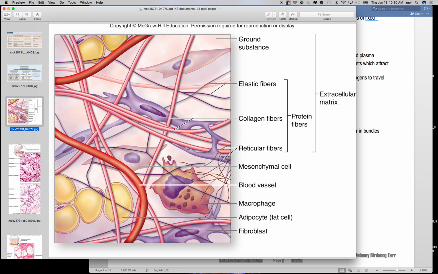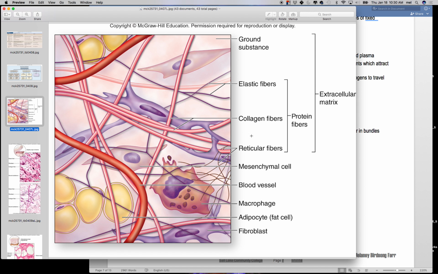Don't ever, ever, ever let color be the only thing that you use. You can use it as a secondary confirmation, but never use it as the first thing, okay? And then elastic fibers here are much thinner, and they quite often will branch if you follow them enough. And then reticular fibers are right here. They're so thin that you hardly ever see them stained. They're kind of like a hairnet.